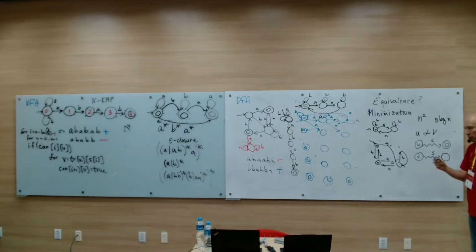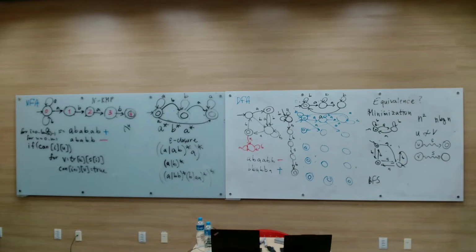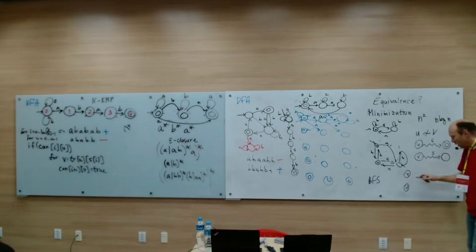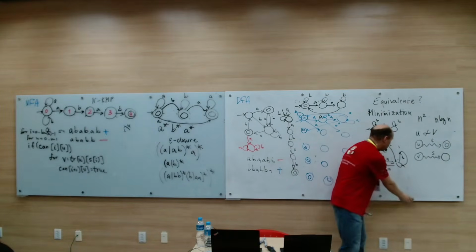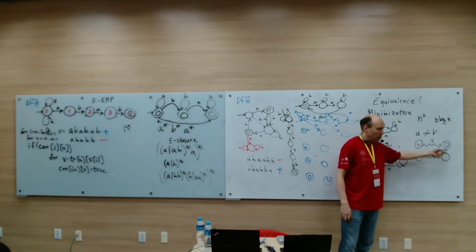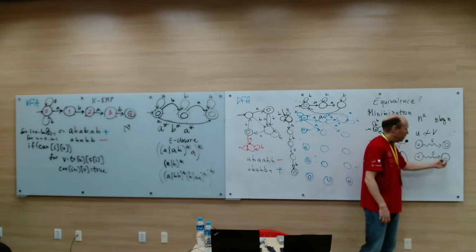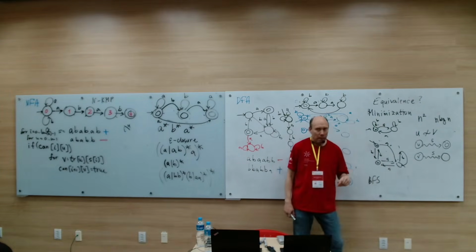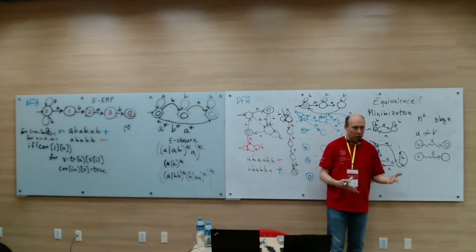Now, we'll make something like BFS. We put pairs of non-equivalent states into the queue. So if we pick the non-equivalent states U and V, that means that we have some string, it doesn't matter which one, that leads to states of different terminality. So how can we find new pairs?